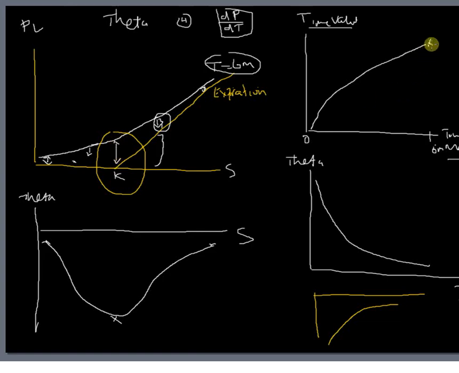Okay? So we can represent the time value in this graph by drawing the different types of options here. So assume this is the at the money option, which is the largest, represented by 6 months, right? Let's say this is X.